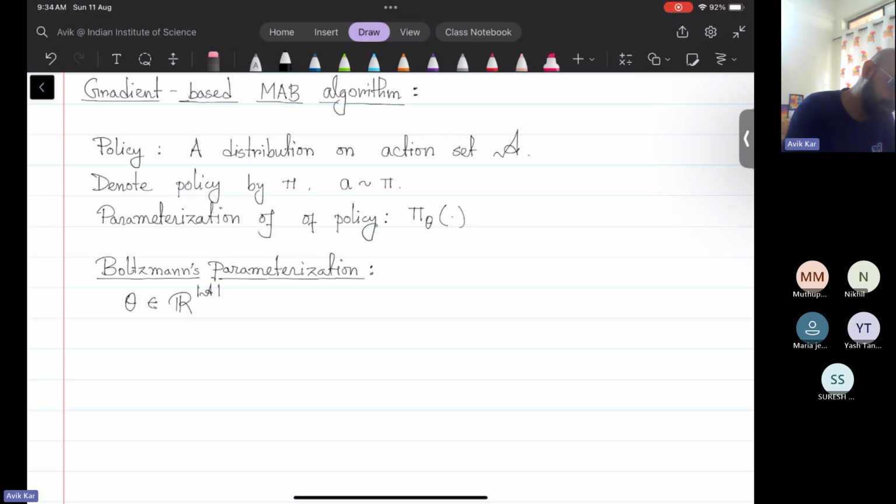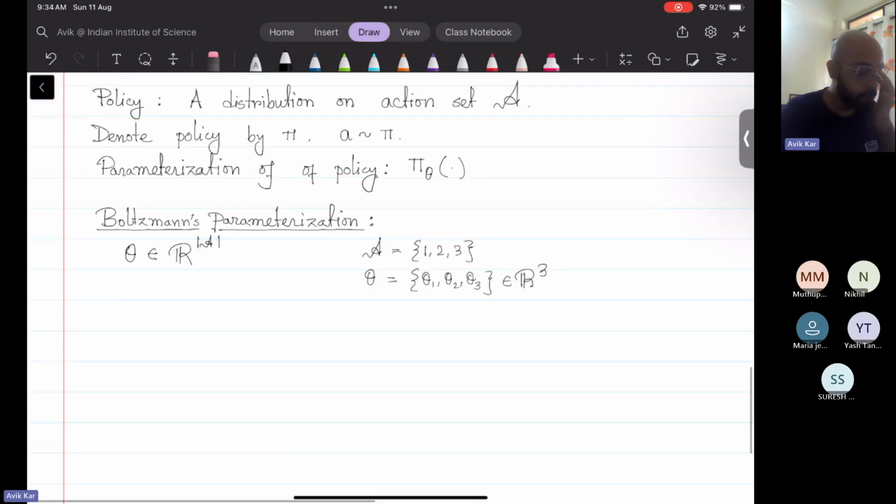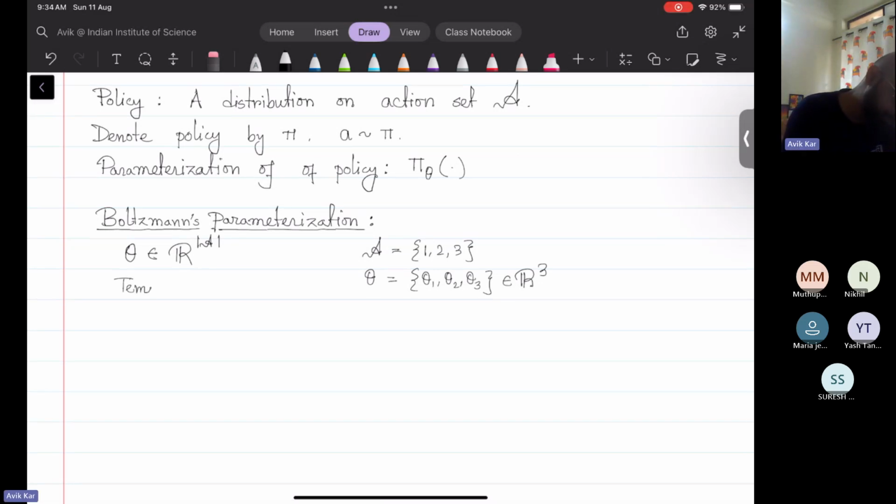So if the arm set is 1, 2, 3, then theta is basically theta 1, theta 2, theta 3, and it belongs to R3. And there is a temperature parameter. This temperature parameter term came from physics, where these things are used.